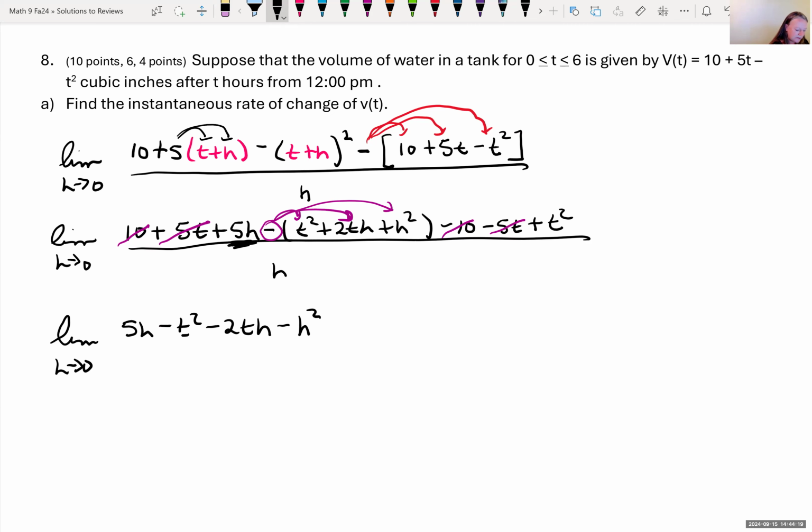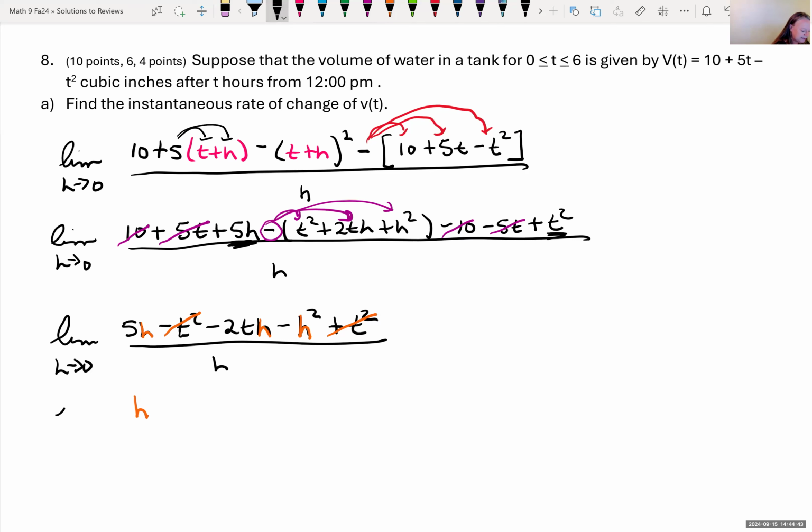And then I also have a positive over here, t squared, all over h. So I notice my negative t squared and positive t squared cancel. I also notice in my numerator, all the terms that are left have an h in common, so I can factor out an h from the numerator.